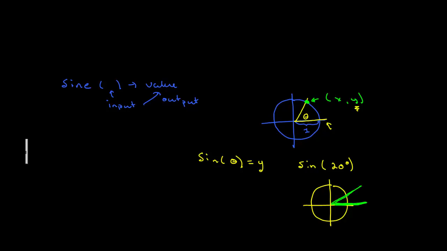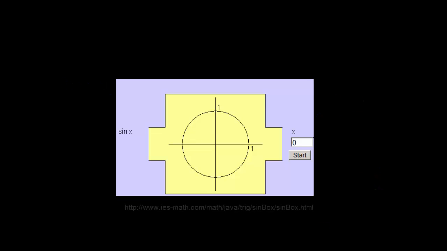Okay, so this is my 20 degree angle. If I figure out where it intersects right here on the unit circle, okay, so this value right there, this length, that height value here, that's going to be the output. So this blue value will be the output.